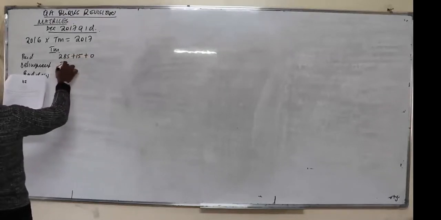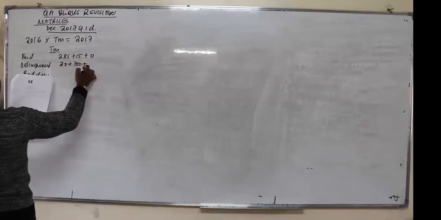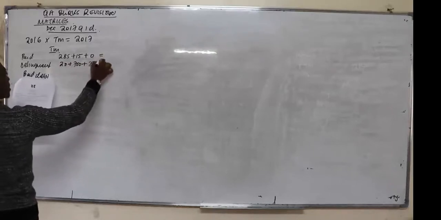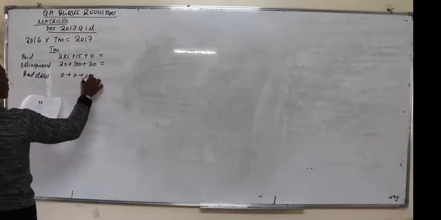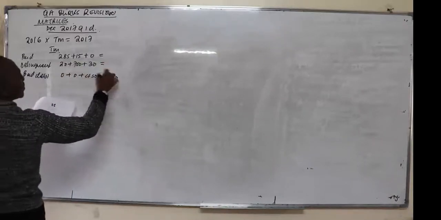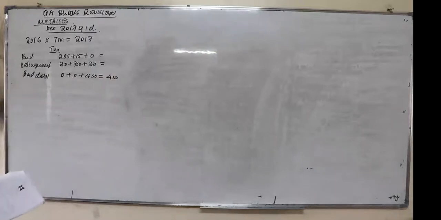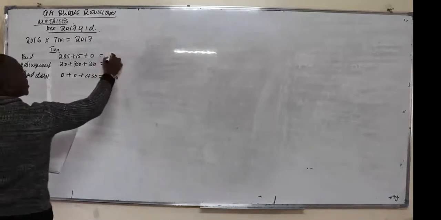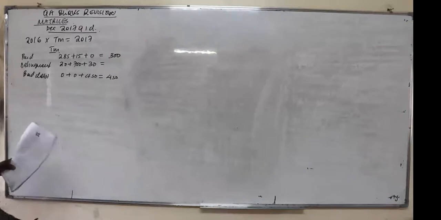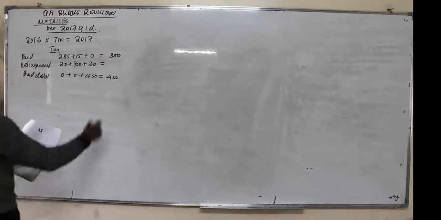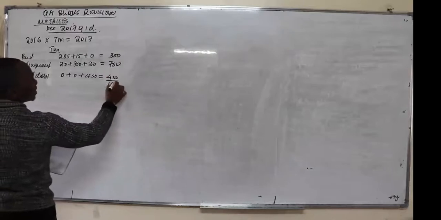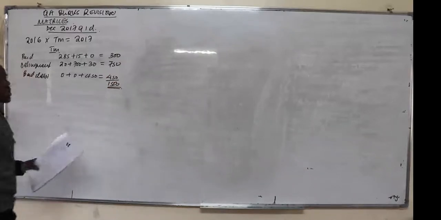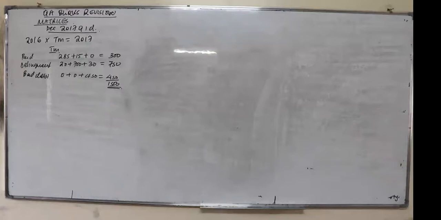Delinquent, we have 20 plus 700 plus 30. Then bad debt, 0 plus 0 plus 450. So this is 300, this is 750, and this is 450, and the total you get is 1,500.